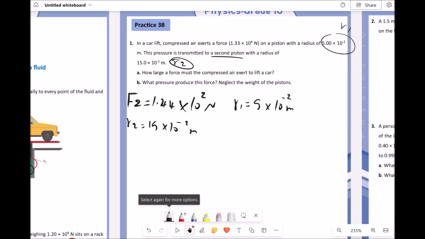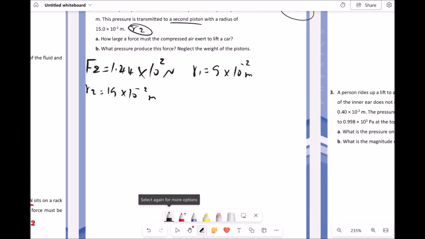It says how large a force must the compressed air exert to lift a car, okay? So it needs F1. F1 is equal to what?